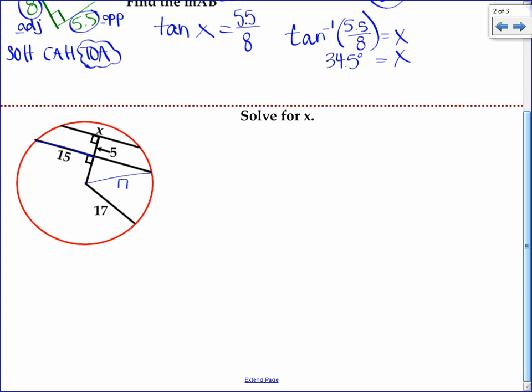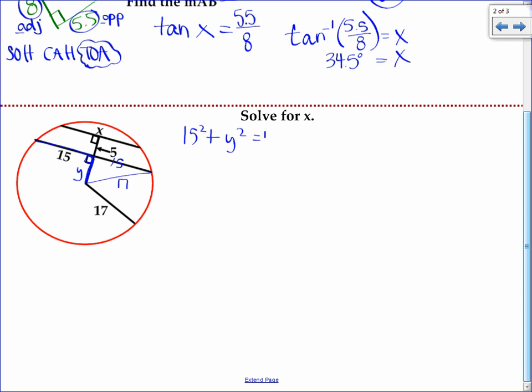Remember, if you see a right angle symbol, then that chord got cut in half. So we know this is 15. Could we now find this segment? Pythagorean theorem. Which one is c squared? 17. So let's do that right here. We've got 15 squared plus, let's put a variable there, y squared equals 17 squared.